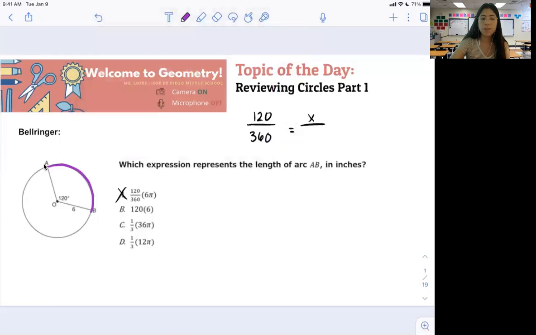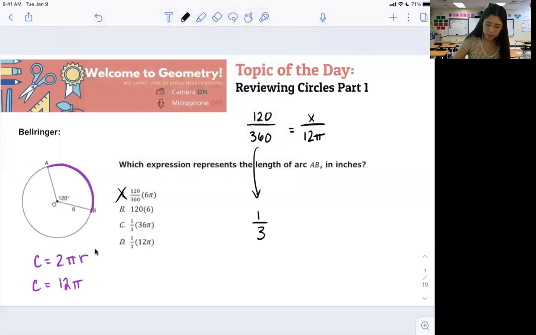And the total circumference is 2 pi r. So what's the circumference? Circumference is 12 pi. So that means it would be D. So that means you could simplify the fraction into 120 over 360. Exactly. 120 over 360 simplifies to 1 over 3.